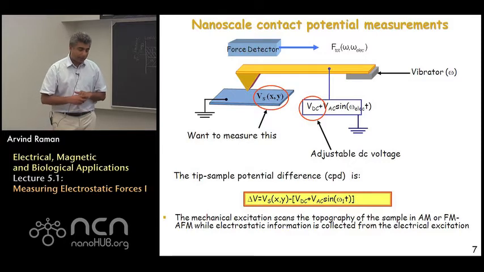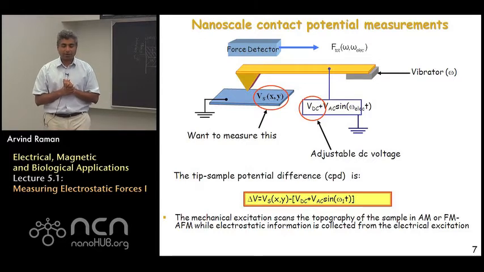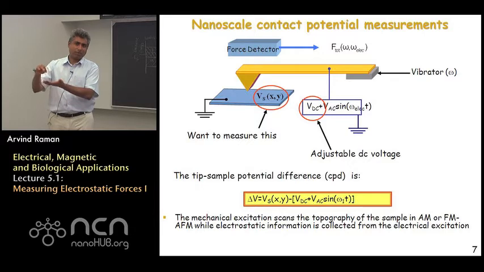All right, so one can think of trying to use Kelvin probe microscopy in the following fashion. We have a sample which has a potential at every point x and y on the sample. This mimics the fact that as the tip goes over the sample, it feels different electrostatic forces at different points in the sample.